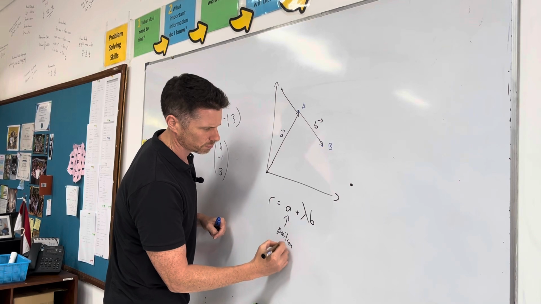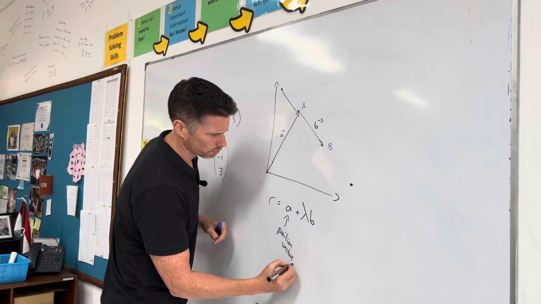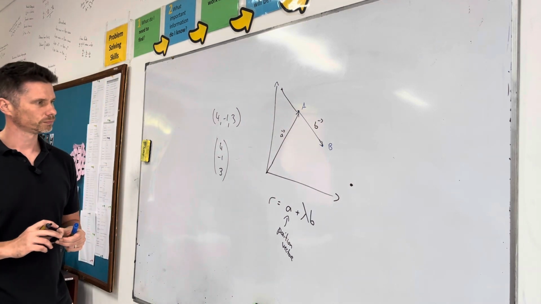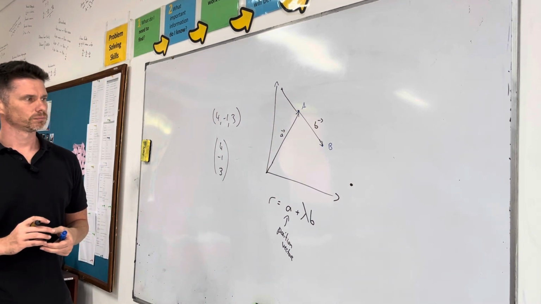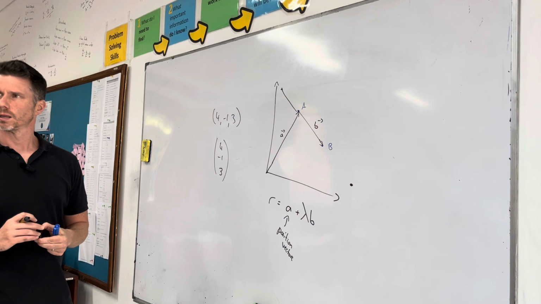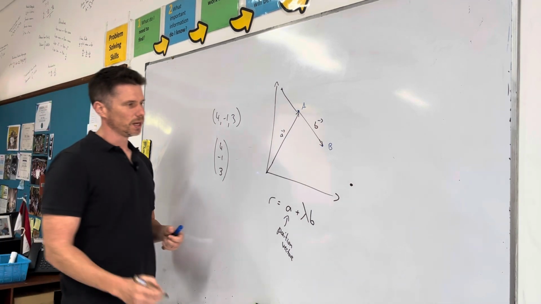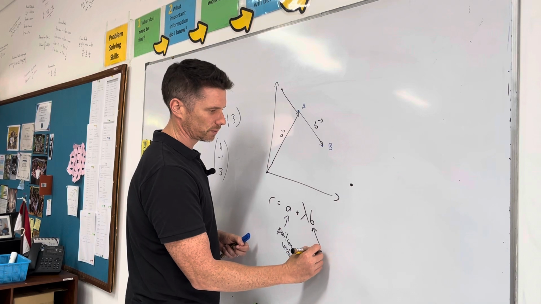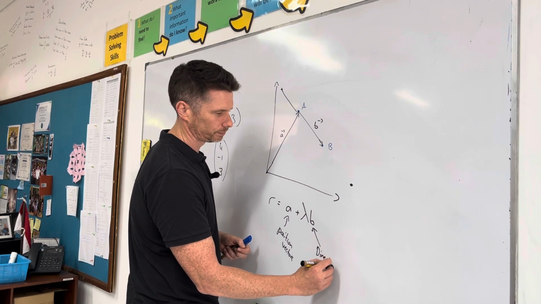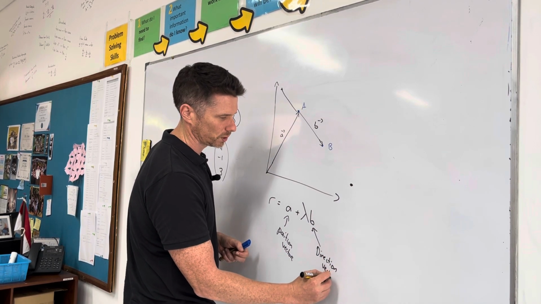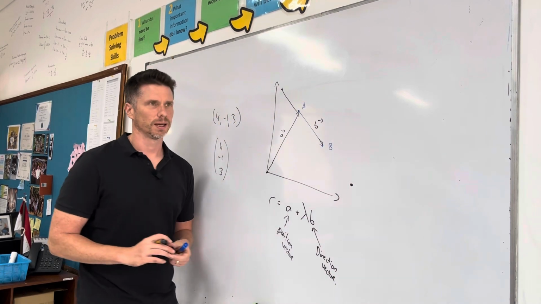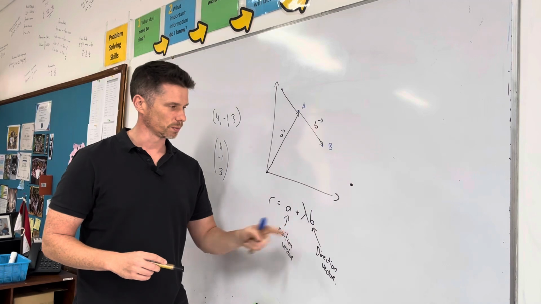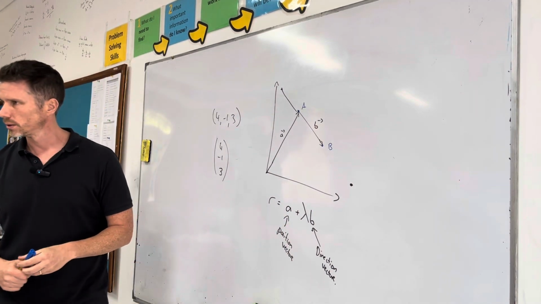So r is point B. B then is a direction vector. It's saying from there, what distance, which will be determined by lambda, and what direction we're going in.